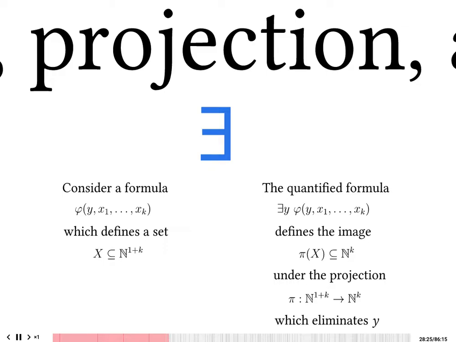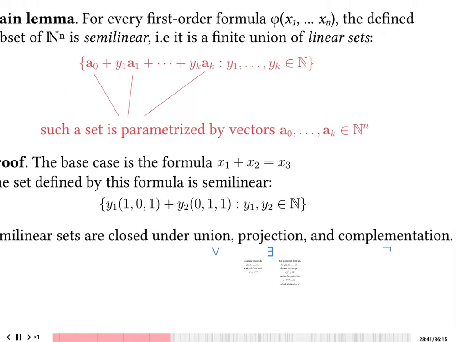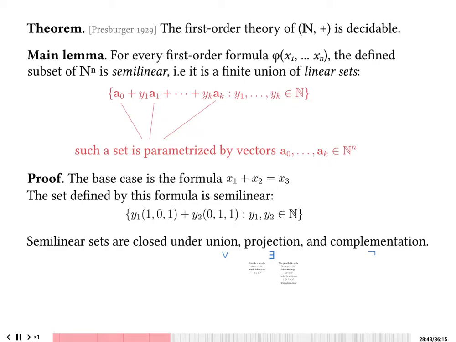I say this here because the idea that projection and existential quantification are the same thing will appear multiple times later on in this tutorial, and it is good to get used to it in the most basic setup, which is Pressburger arithmetic.